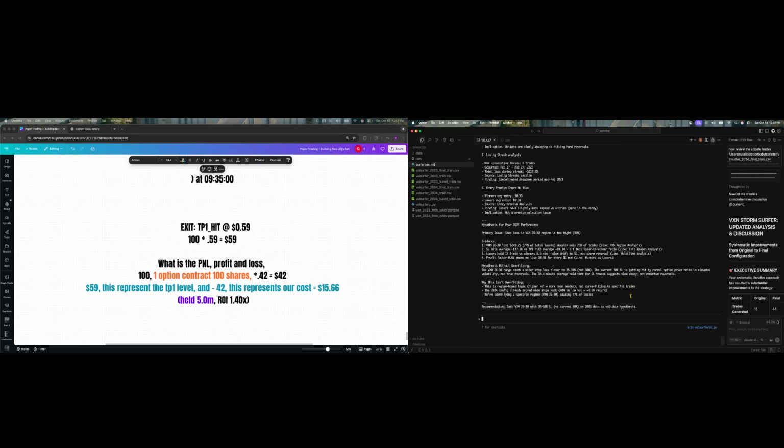Hypothesis for the primary reason is the stop loss for the VIX 26 through 30 regime is too tight at 30%. The VIX 26-30 lost $249.75, 77% of total losses, despite 26% of the trades.